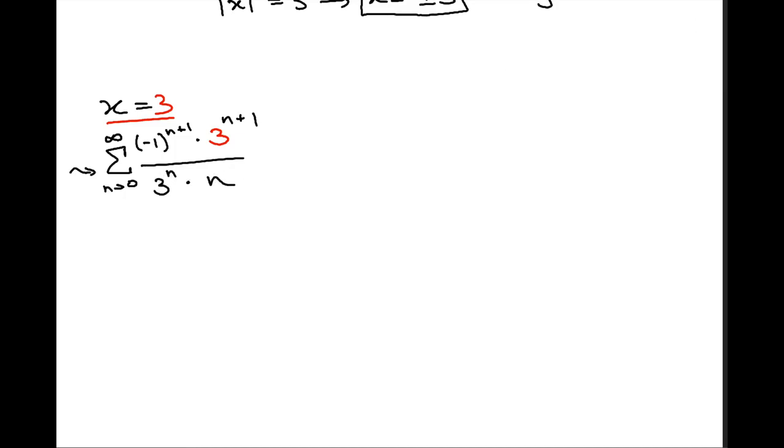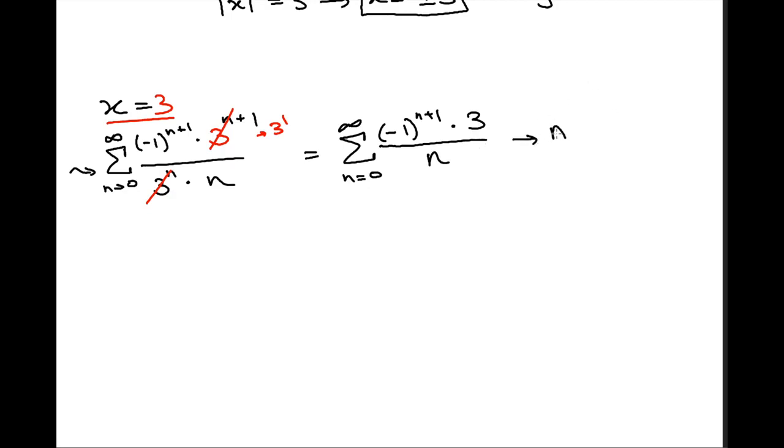And now, just like we did previously, this 3 is going to cancel out with this guy, leaving us with just 3 to the first. So what we're going to end up with is the sum from n equals 0 to infinity of negative 1 to the n plus 1 times just 3, no exponent on it whatsoever, over n. Okay. Cool. Now that's an alternating series.